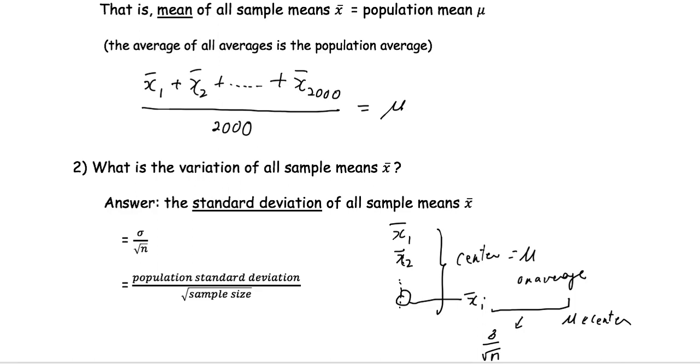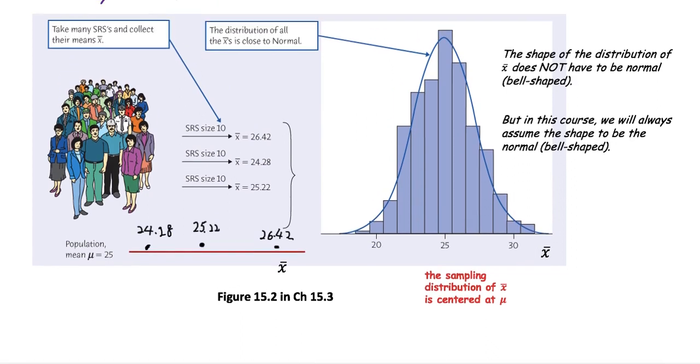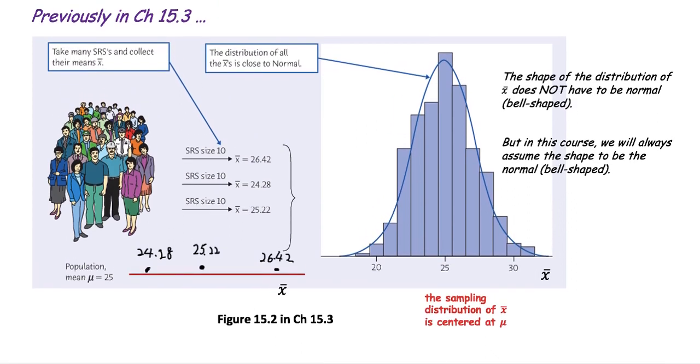Okay, now so let's go back to our previous slide. In this example, we assume that the population mean, meaning the center of this whole big group, is 25. If we take many samples, and you have many sample means, where's the center of all these sample means?